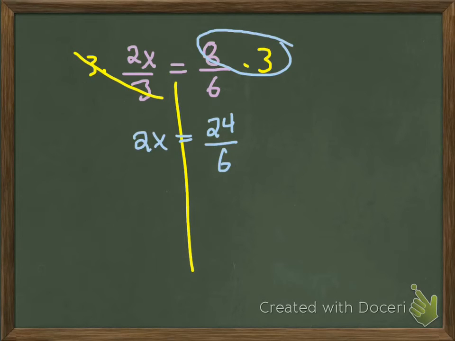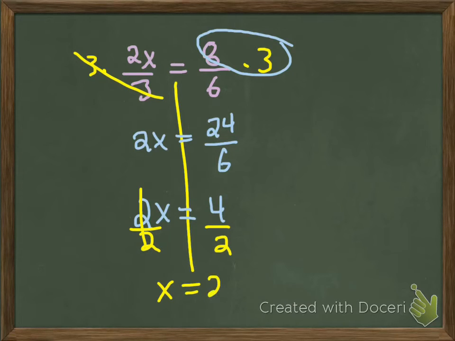And 24 over 6 means 24 divided by 6, and 24 divided by 6 is 4. So I get 2x equals 4. And so my final step down here is I'm going to divide by 2 and divide by 2. And now I'm going to get x equals, cancel those out, 4 divided by 2 is 2. x is equal to 2. And there's my answer. So that's the general pattern to solving a proportional problem.